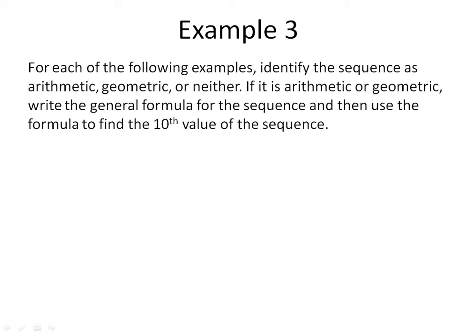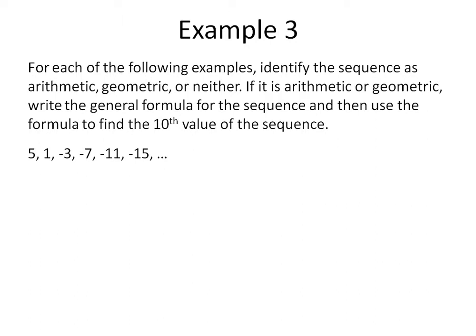Okay, example 3. For each of the following examples, this goes for all of them that follow, they want us to identify the sequence as arithmetic, geometric, or neither. If it is arithmetic or geometric, they want us to write the general formula for the sequence and then use the formula to find the 10th value of the sequence. So we have 5, 1, -3, -7, -11, -15.